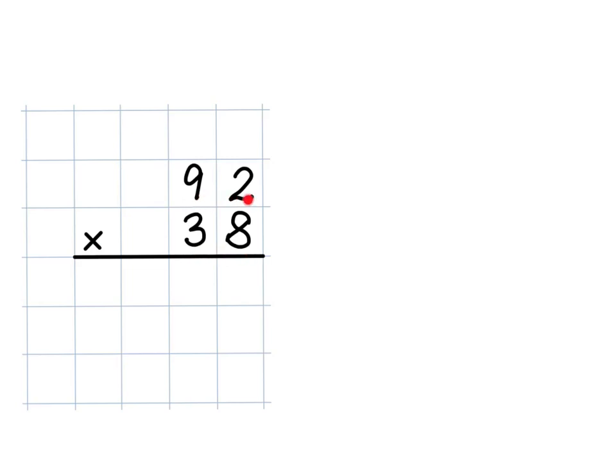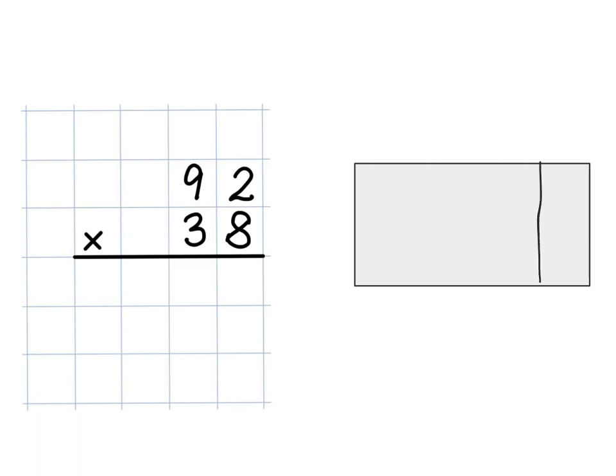So 92 is much larger than 38, so our rectangle will be much longer than it is wide. Now let's split our rectangle into 10s and 1s. So here we have 90 and 2 to make 92.